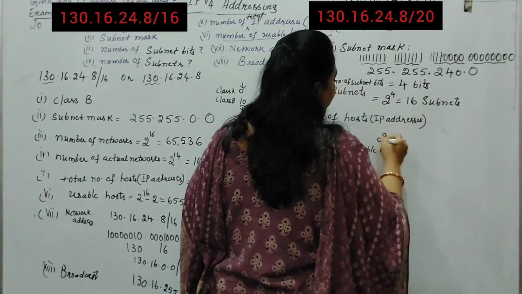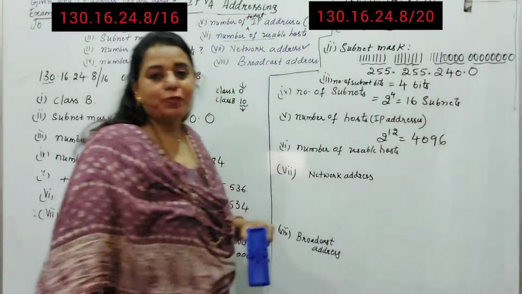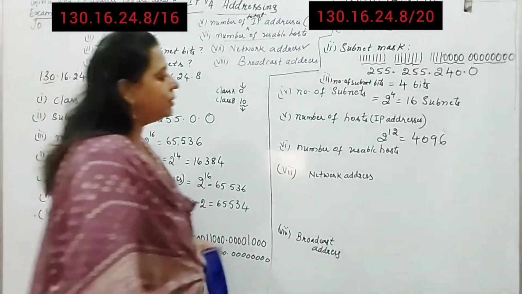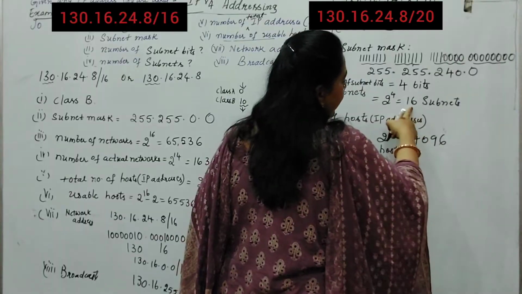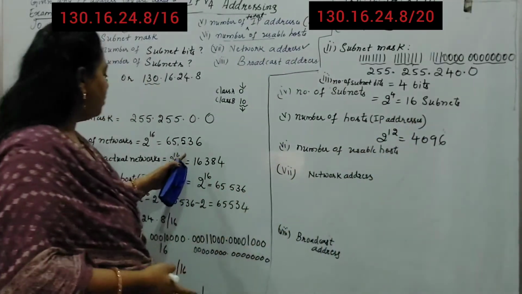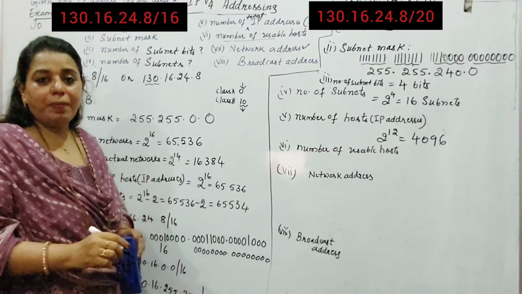In this case number of host bits are how much? 12, no? 2 to the power of 12. 2 to the power of 12 is 4096. Fine, 4096. And how many subnets you have created? 16. When you multiply 4096 by 16, you should be getting 65,536. So very simple. Once again it makes sense here.